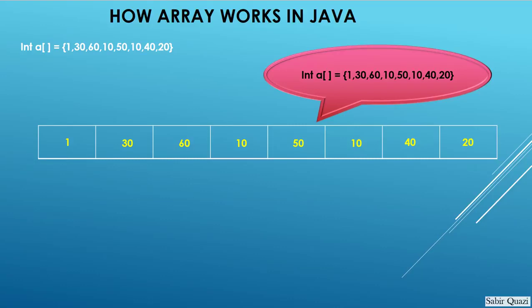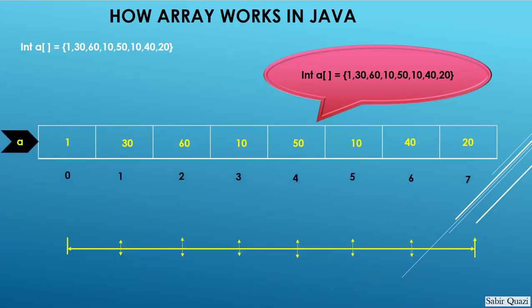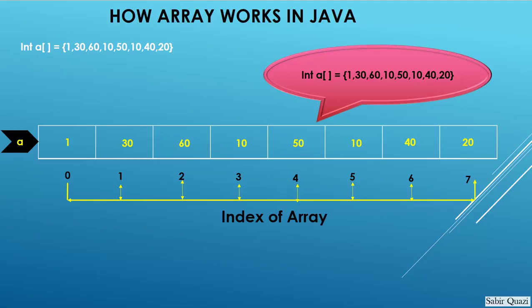Now every variable in our example had a separate name, and similar to that, every block in an array is identified with an integer number, and that number is called the index of the array. So we can see here in this picture 0, 1, 2, 3, 4, 5, 6, 7. These are the indexes of these blocks.